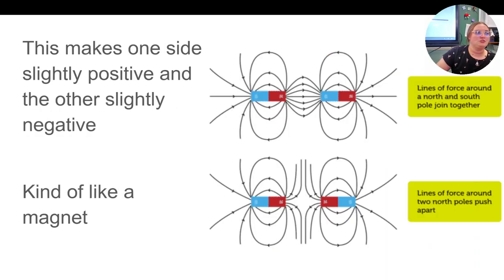With water being polar, it makes one end slightly positive and the other slightly negative. If you've ever had magnets where you try to put them together and they just won't go together, you're trying to push really hard and they just won't go together.